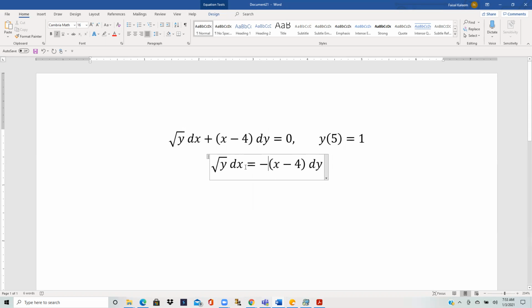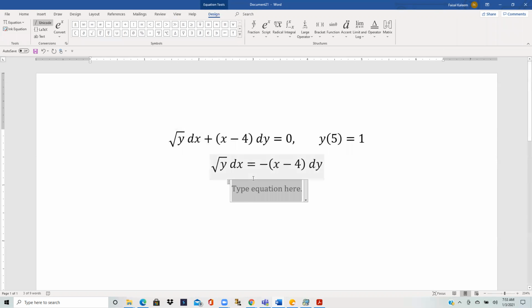And then you have a dx on the left side, so you bring the x minus 4 alongside it, or we can just bring the x minus 4 here and leave the negative on the right side.